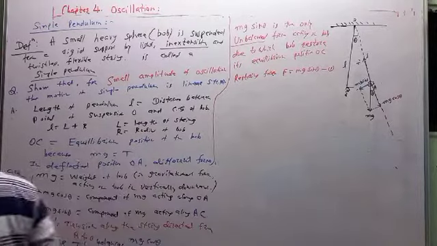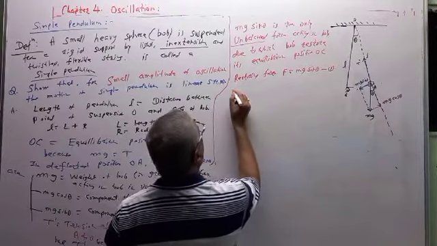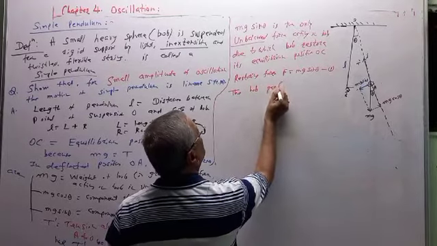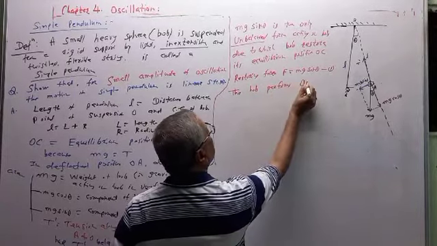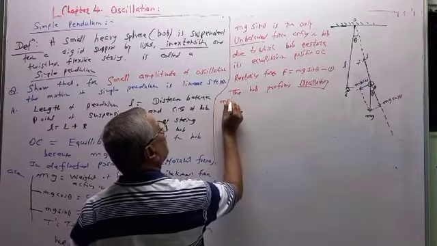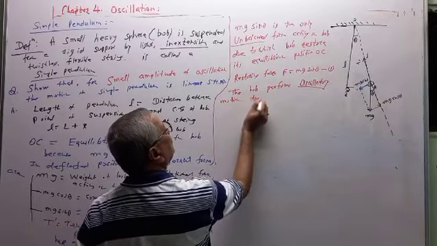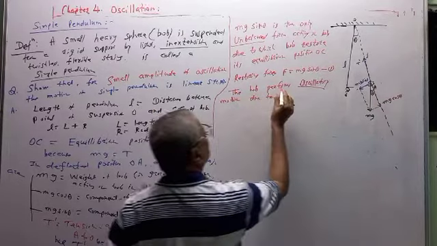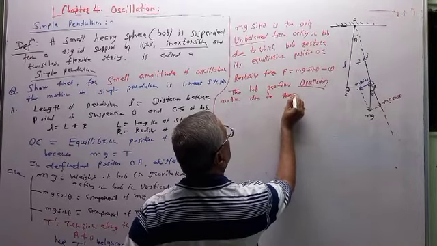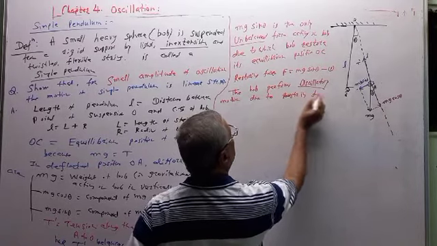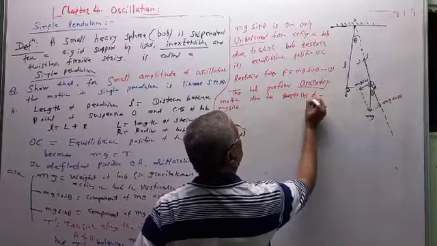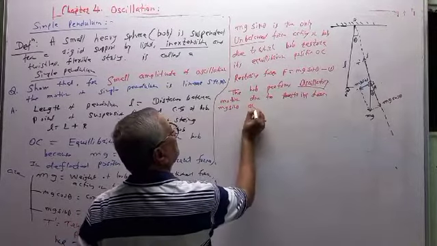So I have shown only one position. The bob performs oscillatory motion due to mg sin theta, the restoring force, and inertia.